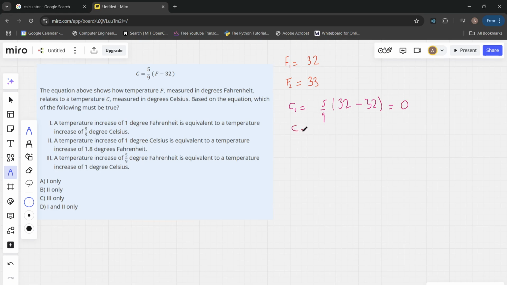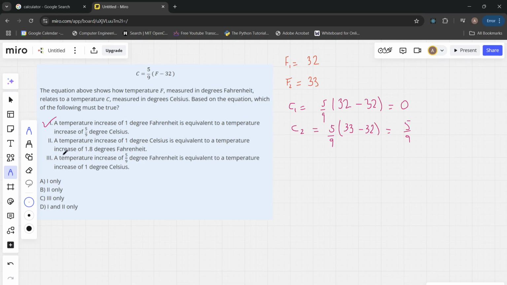And C2 is 5 over 9 times 33 minus 32, which equals 5 over 9 times 1, which is 5 over 9. So is this an increase of 5 over 9? Yes, it is, because 5 over 9 minus 0 is 5 over 9. So this means that the first statement is correct.